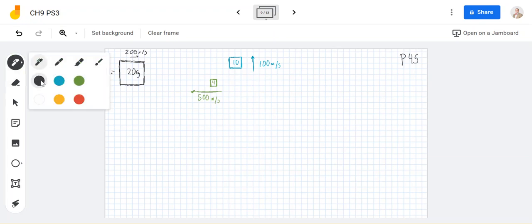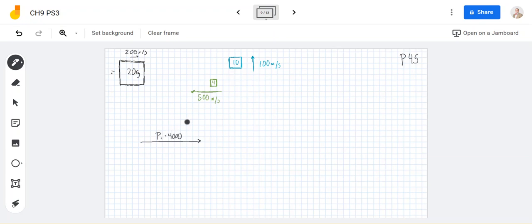So if I put my momentum vector in for this guy here, it's 200 meters per second times 20 kilograms. So that's 4,000. So this is the initial momentum. Pi is equal to 4,000. Now the Pi has to equal the PF.